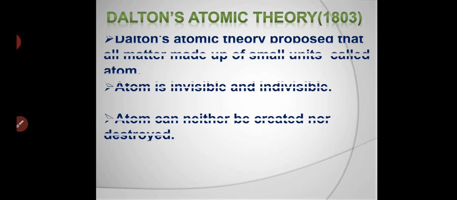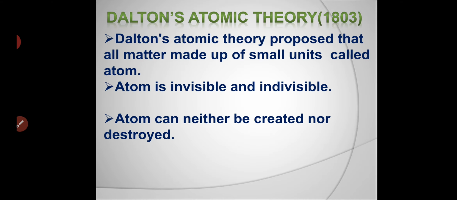In 1803 he gave Dalton's atomic theory, and according to it he said that all matter is made up of small units called atoms. Whatever things are present in our surroundings are made up of matter, and that matter is made up of atoms, right? And the second thing he said: atom is invisible and indivisible.